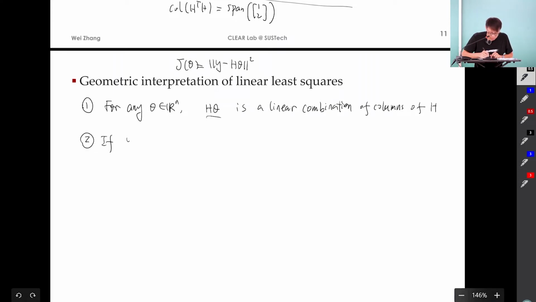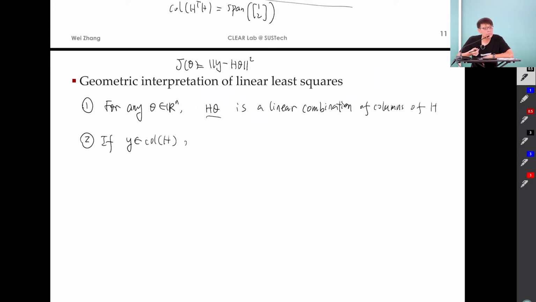So if y, let's say, belongs to the column space of H, what do you think? We are trying to minimize y minus H theta, right? If y belongs to the column space of H, what do you think this minimization should return? The cost should be 0, right?